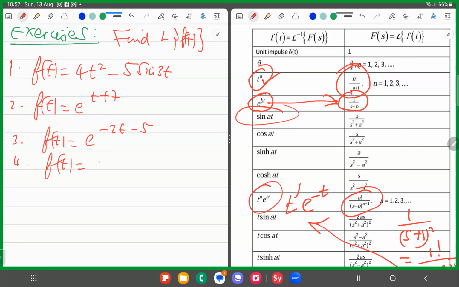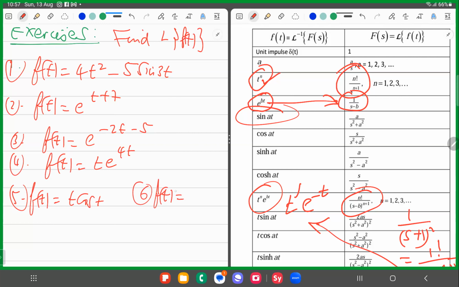F of t equals t e to the 4t. F of t is t cosine t. F of t is t sine t.